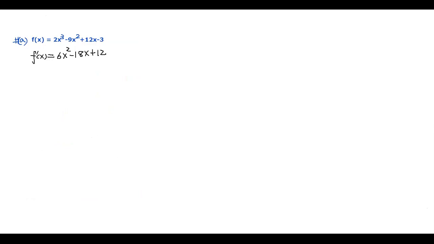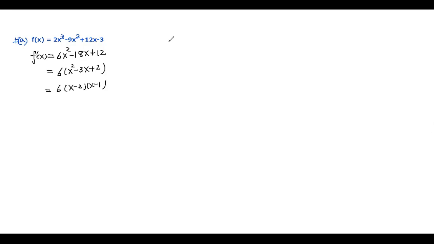I want to see where f prime x is greater than 0 or less than 0. Typically we need to factor. Here I can factor the 6 out first, so this is 6 times (x squared minus 3x plus 2), and then 6 times (x minus 2)(x minus 1), right?